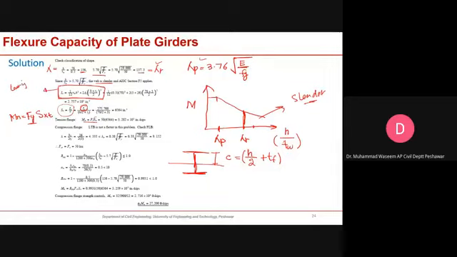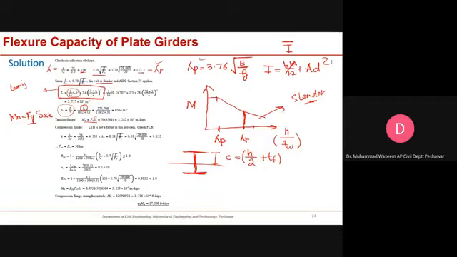This is a bit different formulation to calculate the moment of inertia. The first term is b h cubed by 12. The second is 2 times the area of the flange times d squared, where d is this distance. Like we know, the moment of inertia for a rectangular section is I bar at the centroid, and then you have to add these values.